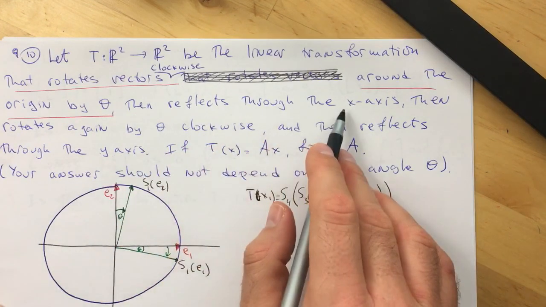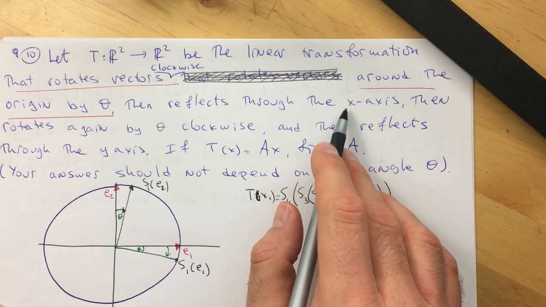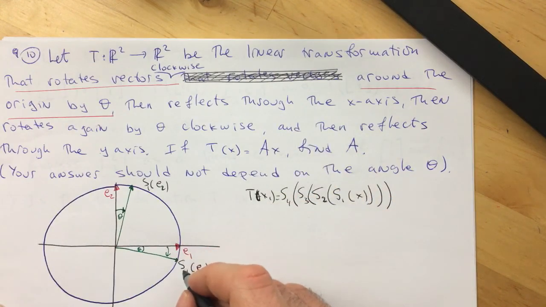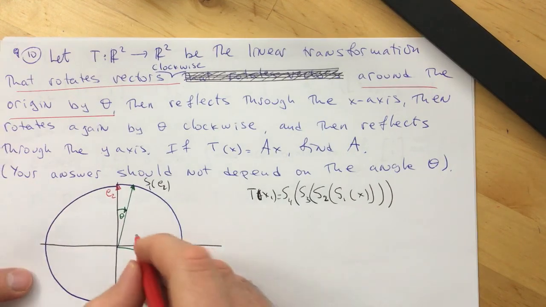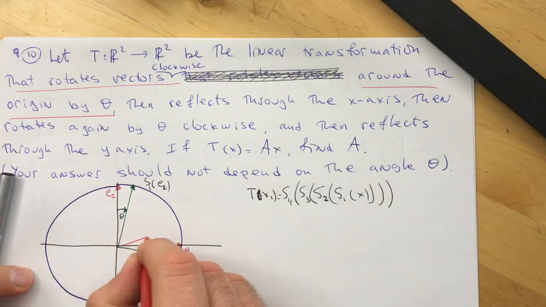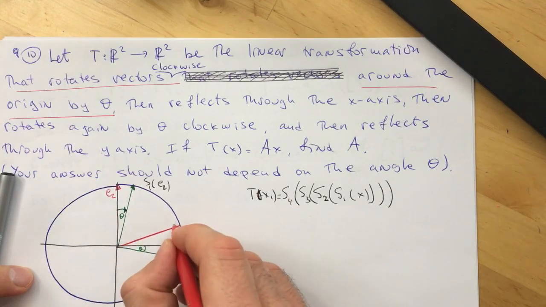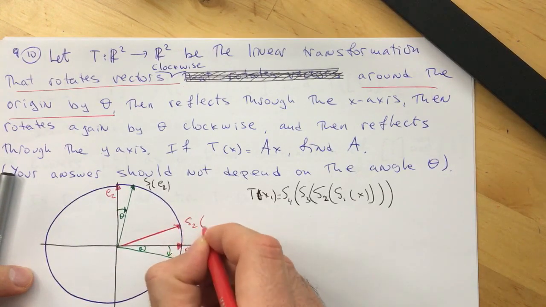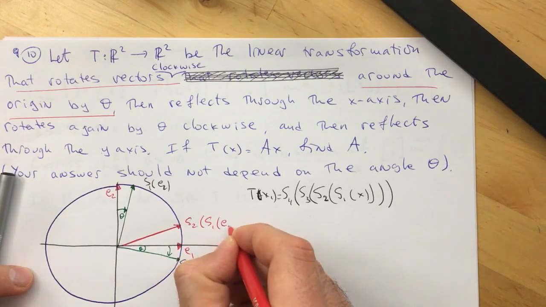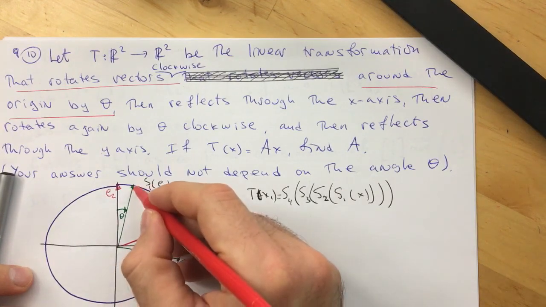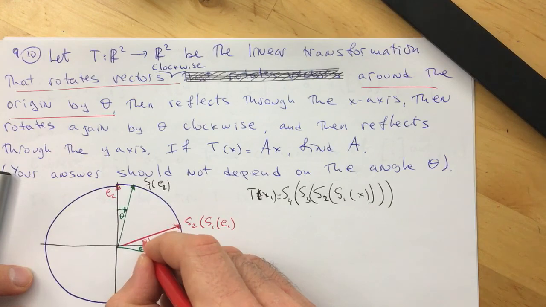Then it reflects through the x-axis, okay? So this vector is being reflected over the x-axis, so we're going to be here. This is S2 of S1 of e1, and when you reflect, this is the angle, it's the same angle, theta.